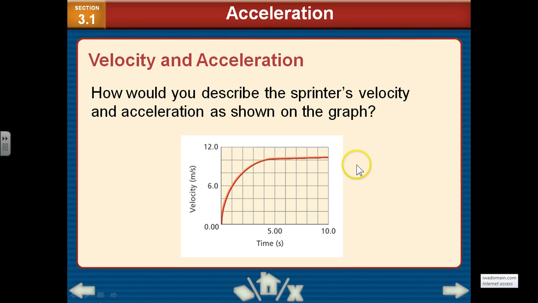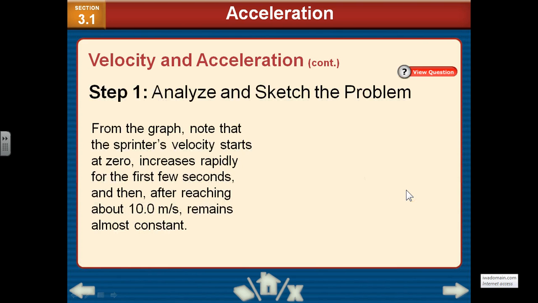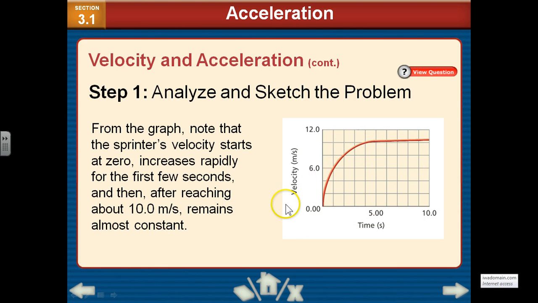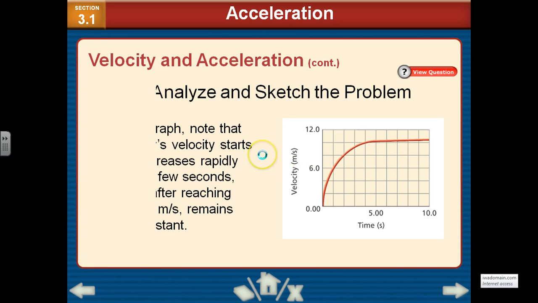If we were to draw this on a position graph, again we would get that upward angle as they move away from the origin. So to answer that question, we could sketch this out. Starting at 0, velocity increases rapidly for the first couple of seconds, a very steep slope, and then after it reaches 10 meters per second, remains almost constant.